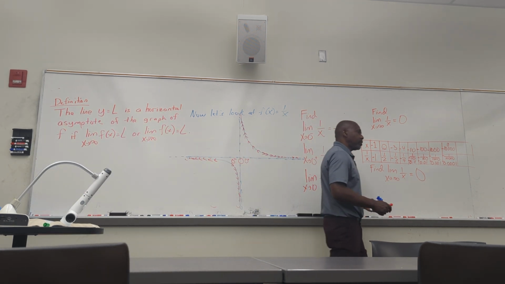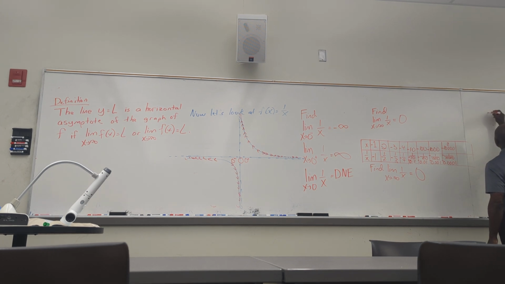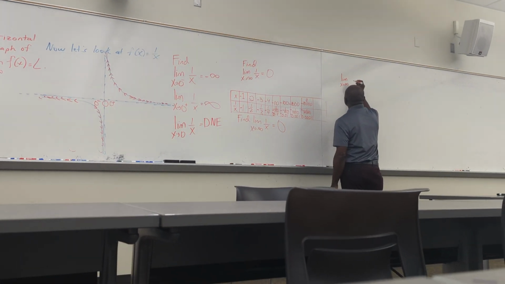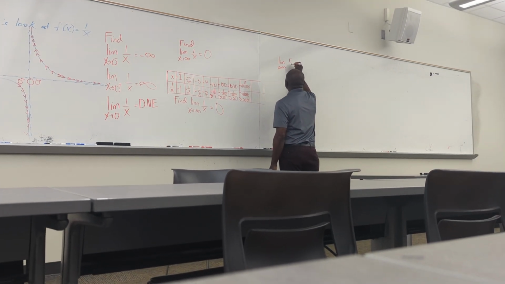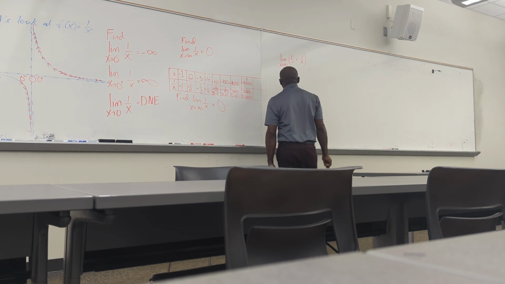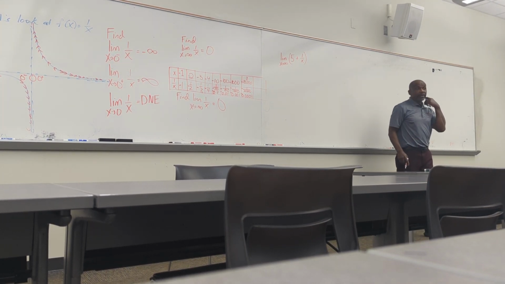So I'm going to put this little problem on the board. I want to find the limit as x goes to infinity of 5 plus 1 over x. Now, y'all know we had the limit properties.